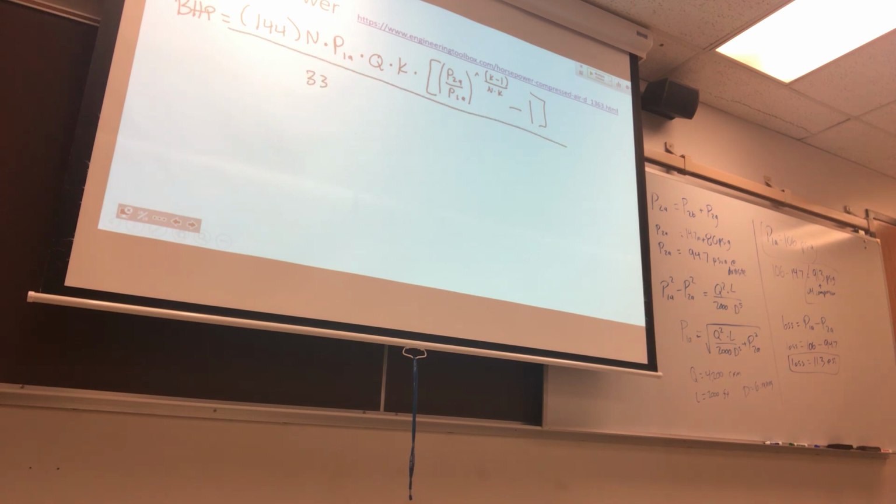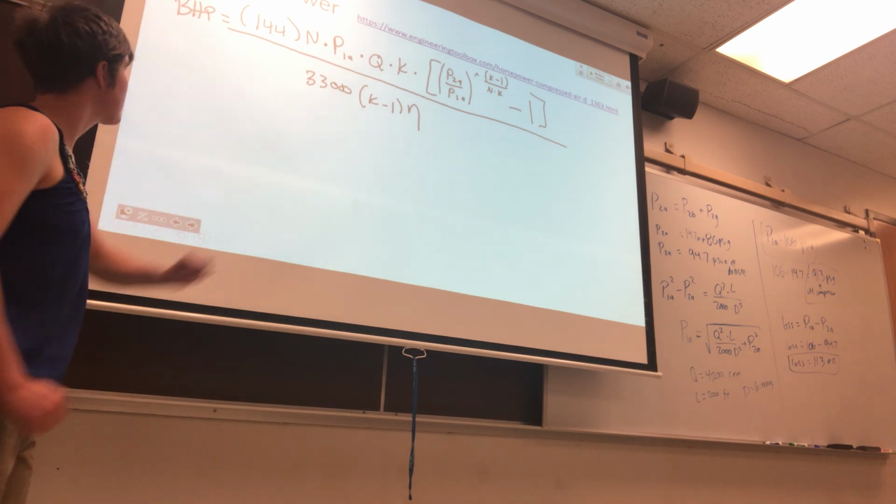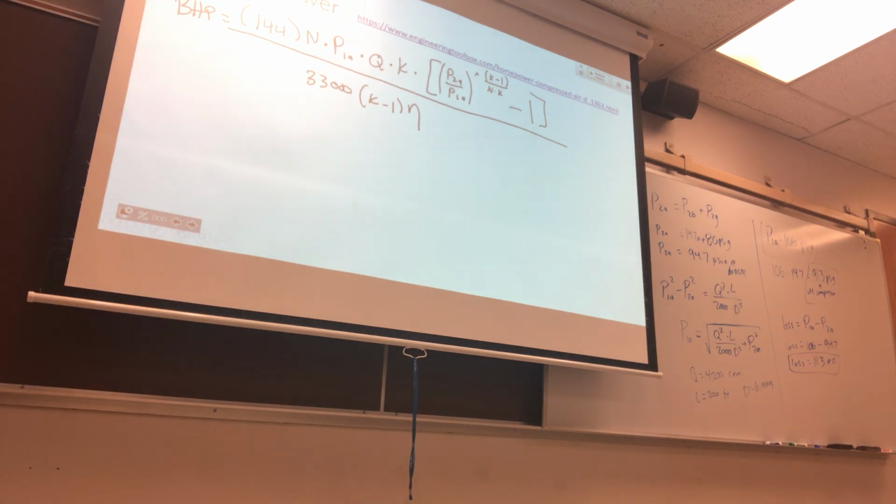It's all over 33,000 times K minus 1 times little n. Oof, okay. So this is our equation for brake horsepower. What do you think these variables are?